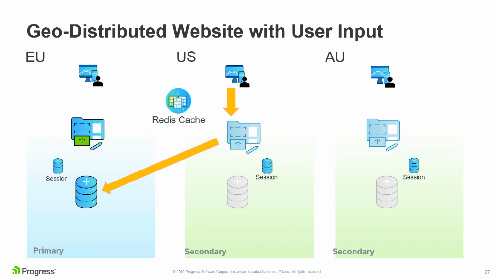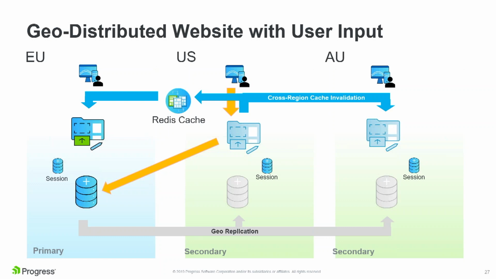So what happens after that? Again, the background process is replicating the data to the secondary regions. And then we have a message sent from this instance hosted in the US to the Redis cache and delivered to the other regions. And at that point, these regions invalidate their cache and reflect the data that has been replicated.